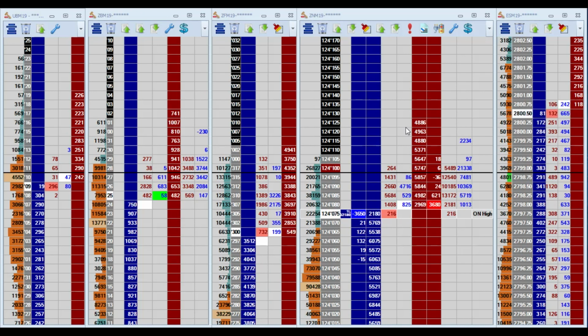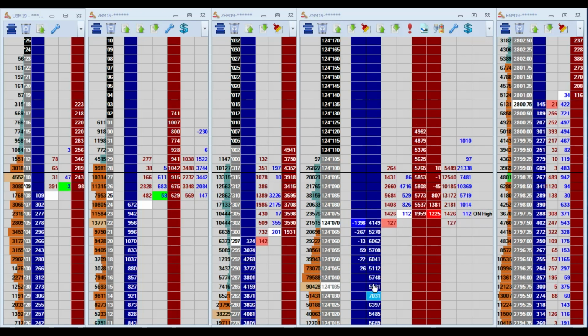If I had my normal 4 lot, I would just take this one off here, cover this, and leave one on just in case this completely fell back to the point of control. But I think the overnight high is a natural support area, so that's why I left that one on there. So that trade's complete.